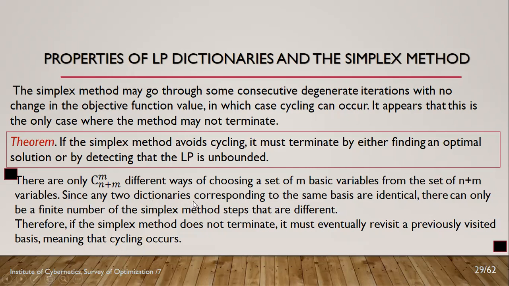Since any 2 dictionaries corresponding to the same basis are identical, there can only be a finite number of Simplex method steps that are different. So therefore, if the Simplex method does not terminate, it must eventually revisit a previously visited basis, meaning that cycling occurs, but we know how to handle cycling.